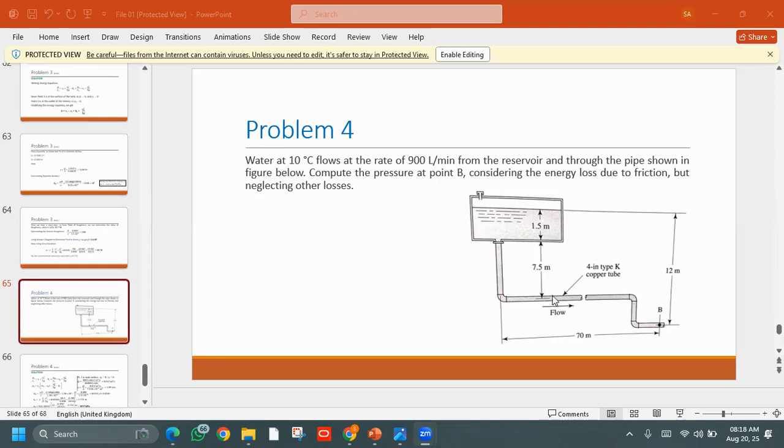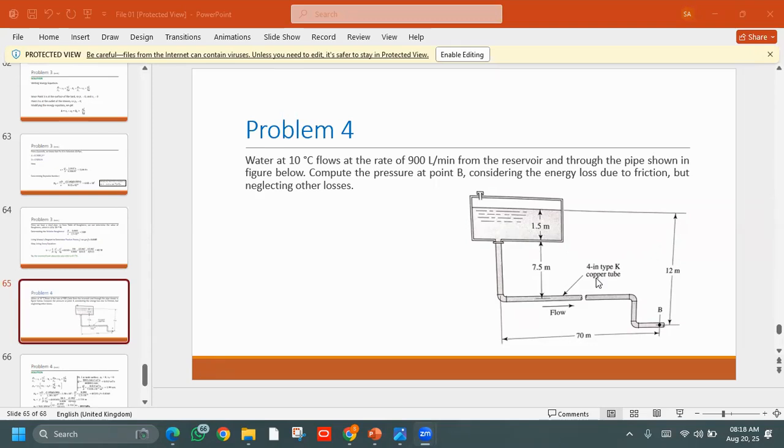The pipe used in that connection is a type K copper tube, which needs to be noted down so that we will use the value of the pipe material in a coming lecture.